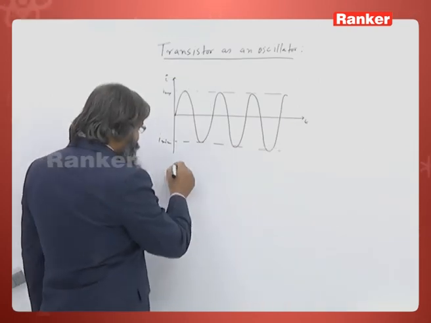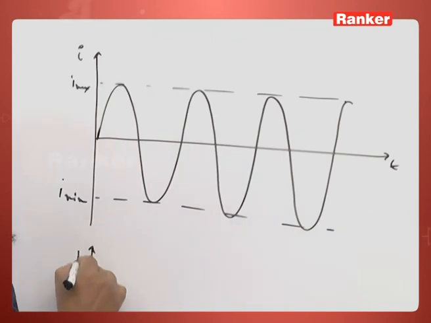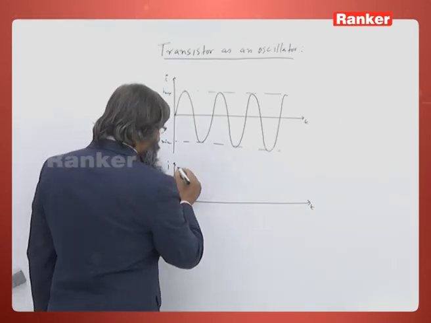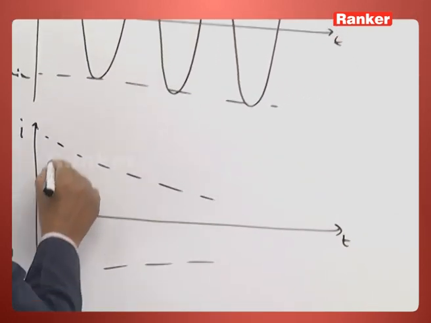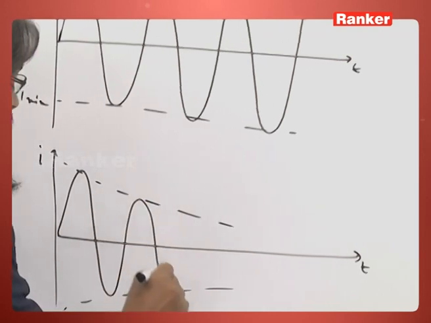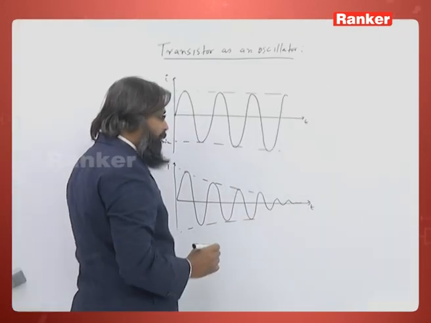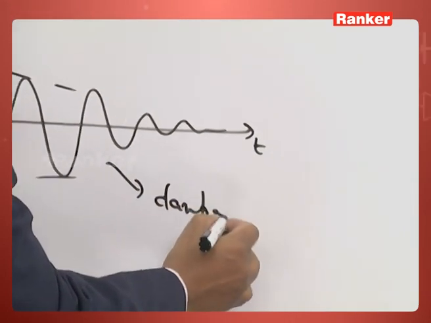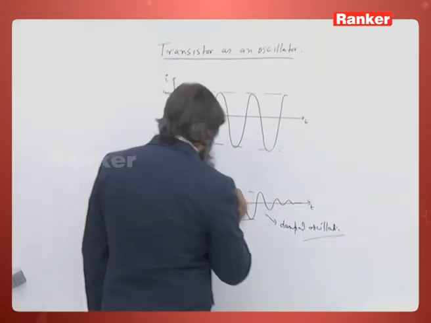But actually, due to some resistance of the coil, the current varies and gets damped like this. So, that will become a damped oscillation.